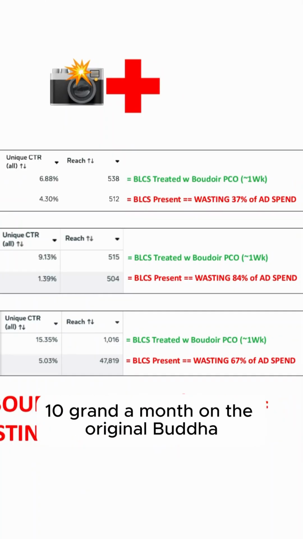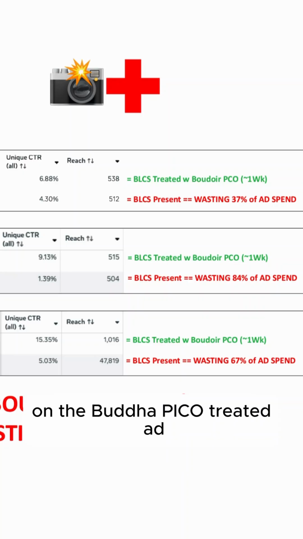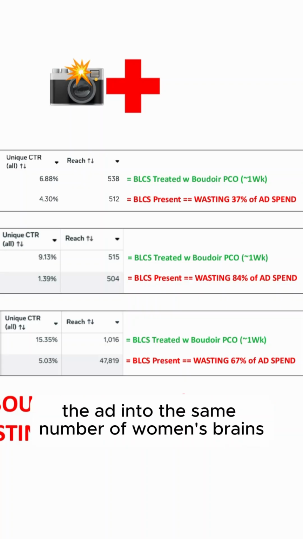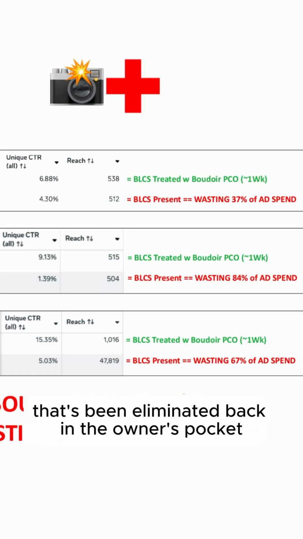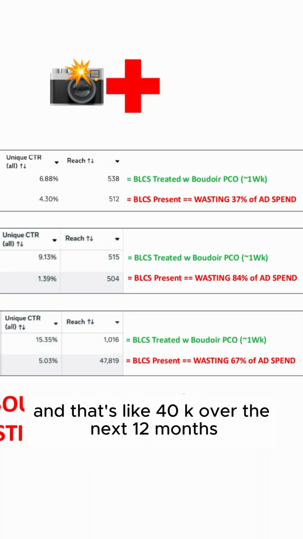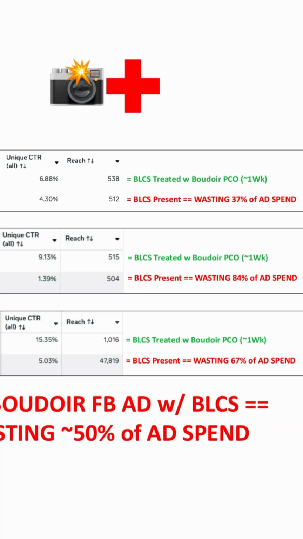If they're spending 10 grand a month on the original Boudoir Facebook ad, now they only need to spend 6,300 bucks a month on the Boudoir Pico treated ad in order to get the ad into the same number of women's brains in both scenarios. So 3,700 bucks a month of wasted ad spend eliminated, back in the owner's pocket. They no longer have to spend it, kind of like a phantom profit. That's like 40K over the next 12 months without having to do any extra work.